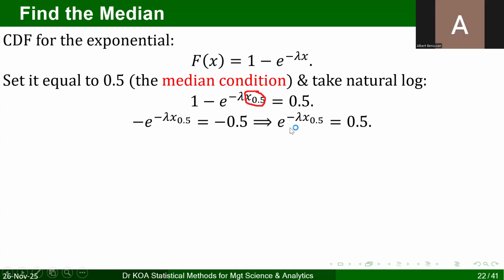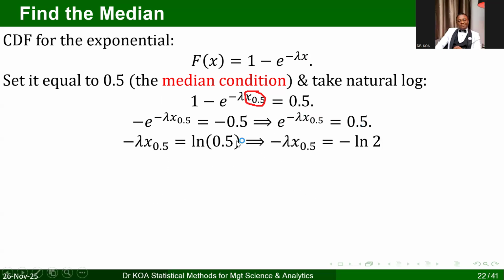You just take the natural log on the left side, the natural log on the right side. So you have this one here. Okay, so the natural log will go, and then the right-hand side will have the natural log of 0.5. Okay, that means that at this stage, because you are looking for x, you will find actually the natural log of 0.5.